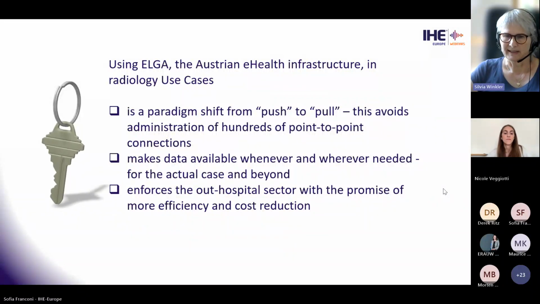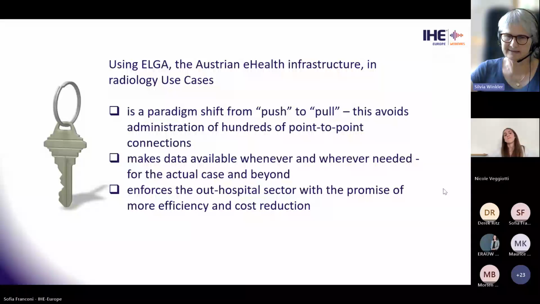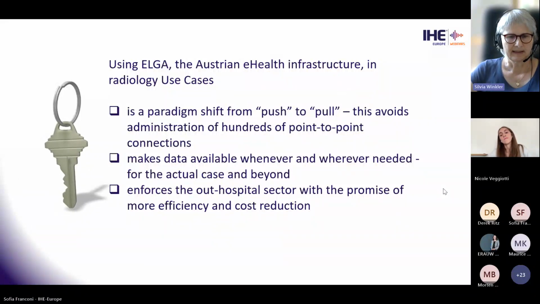It makes the data available whenever and wherever needed for the actual case and beyond. And it strengthens the out-of-hospital sector with the promise of more efficiency and cost reduction. And that's all from my side.